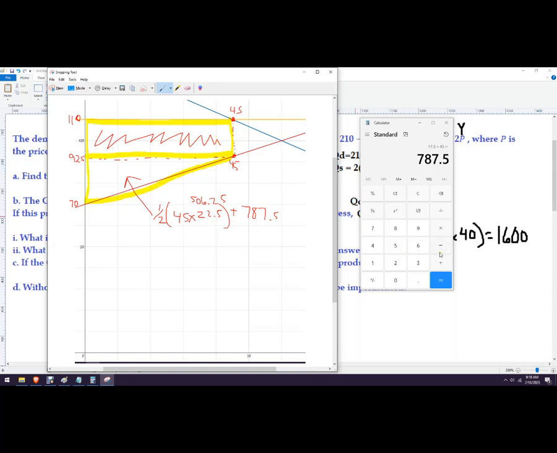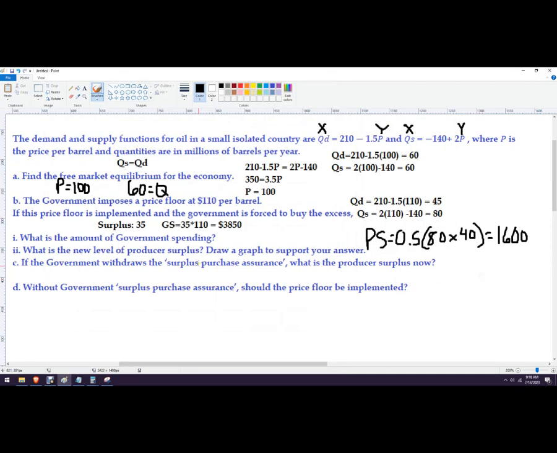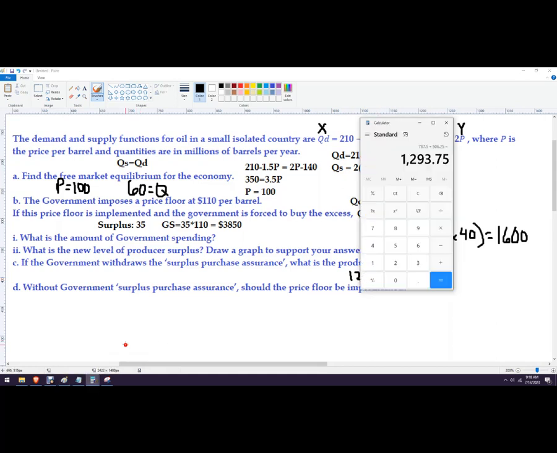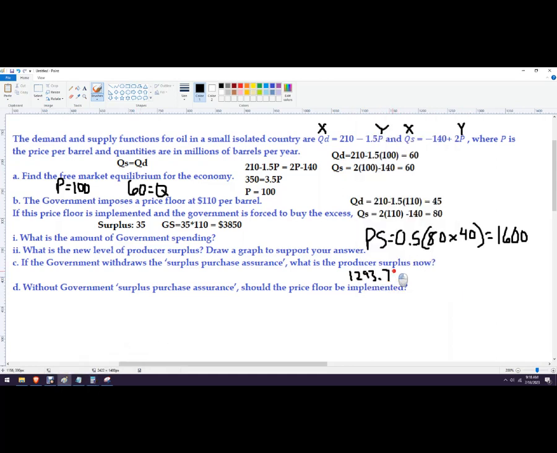And so we're going to add that to 506.25, and that's 1,293.75. That's the producer surplus now.